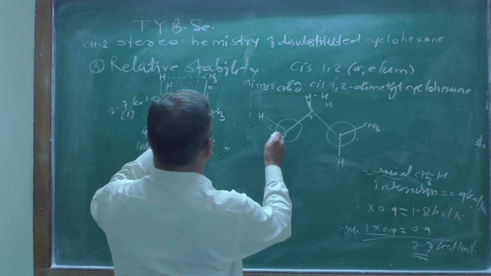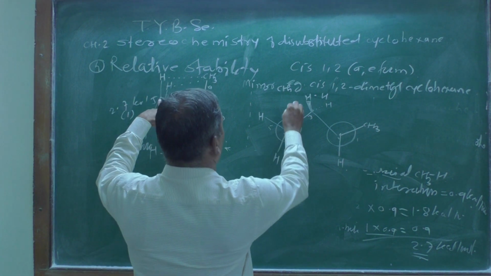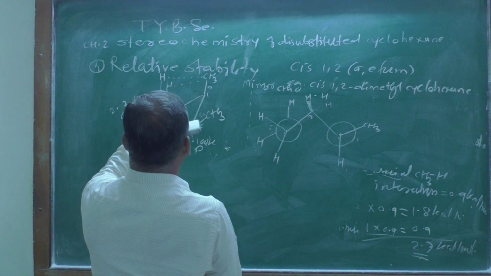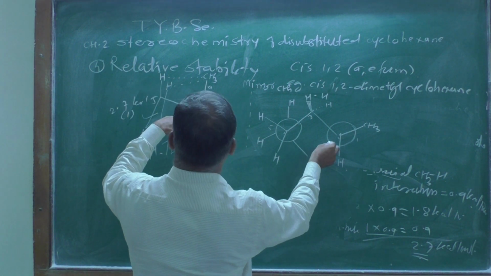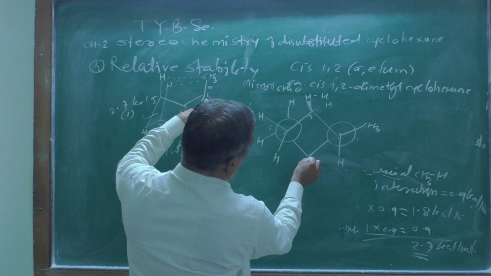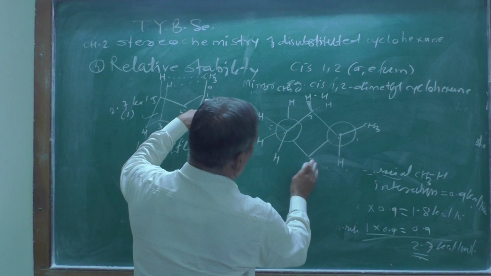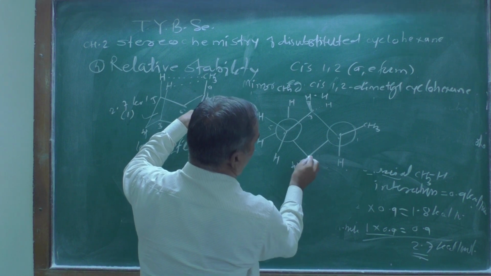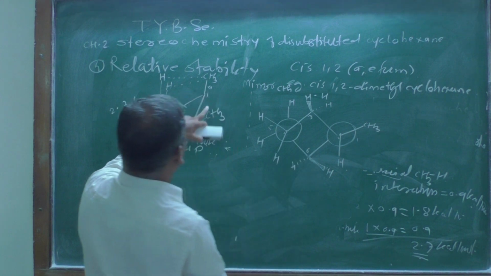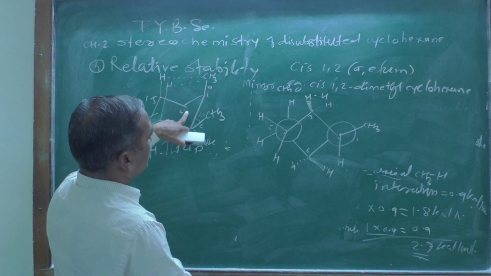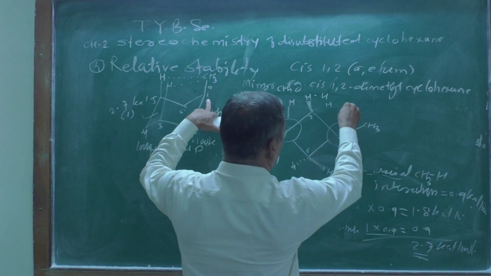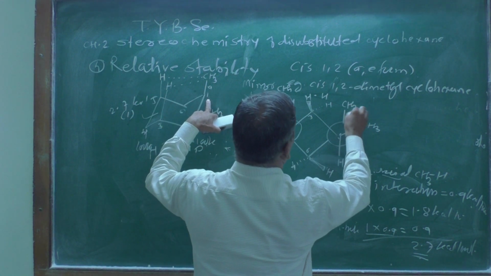And now 5 has one hydrogen axial here and one at equatorial, and this point joins with 6, that one carbon atom. You can show like this. One here is a hydrogen atom, another bond should be here. This is carbon number 6.